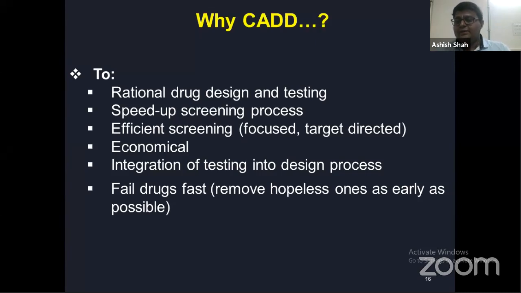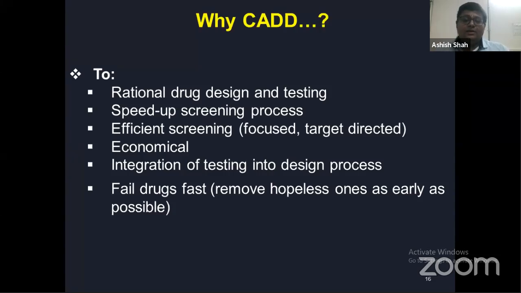We can take a decision from 1,000 or lakhs of molecules which to synthesize and which not to. You get these results with the help of software, and the software results are also reliable. So why not adopt this kind of approach, which saves your time and cost, as well as gives you efficient results? So for efficient screening, you can go for computer-aided drug design.